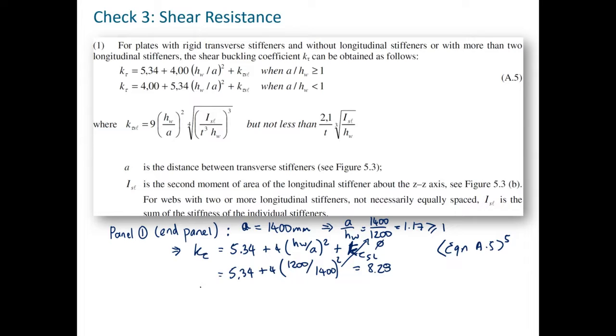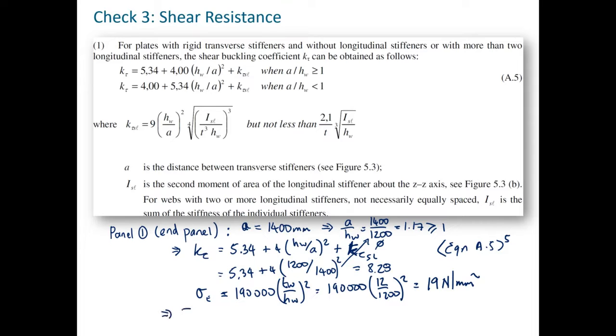Okay, and we know, so we had tau E that we've already worked out, or sorry, sigma E was 190,000 into the thickness of the web divided by the height of the web squared, which is 190,000 times 12 over 1200 squared, which is 19 newtons per millimeter squared.